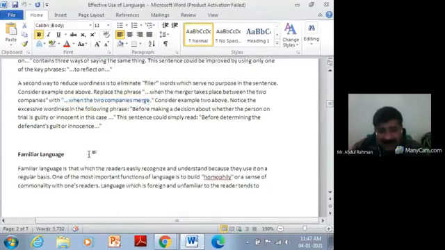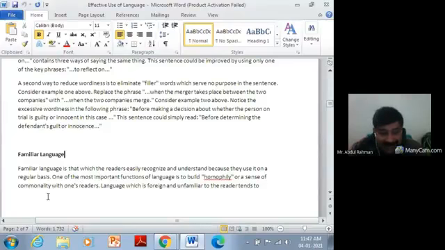Then the next element is familiar language, right? Familiar language is that which readers easily recognize and understand because they use it on a regular basis. One of the most important functions of language is to build homophily, right?